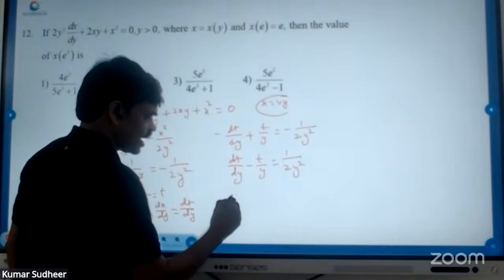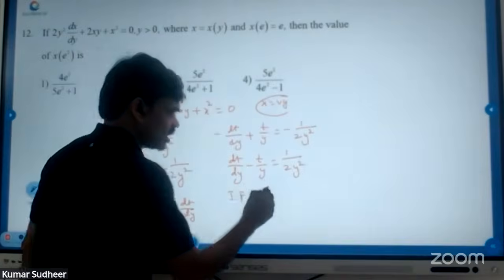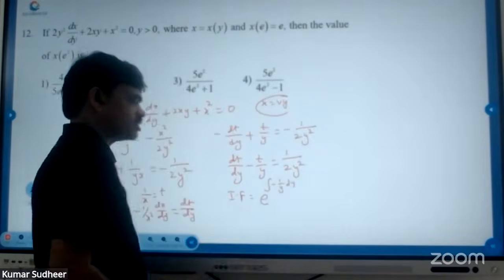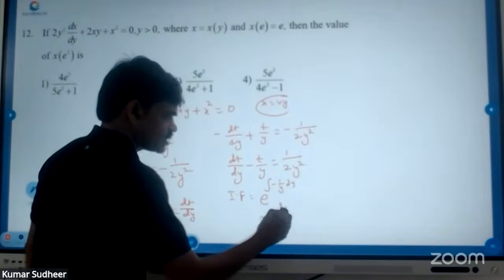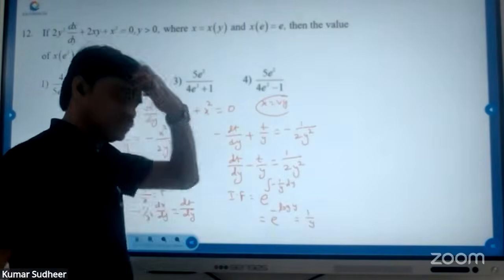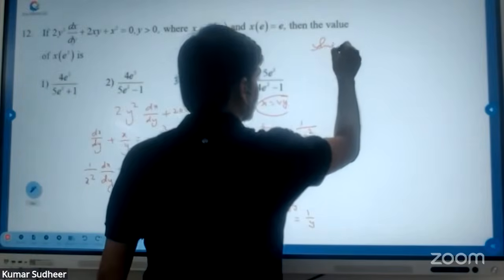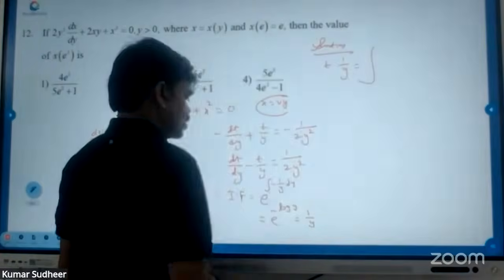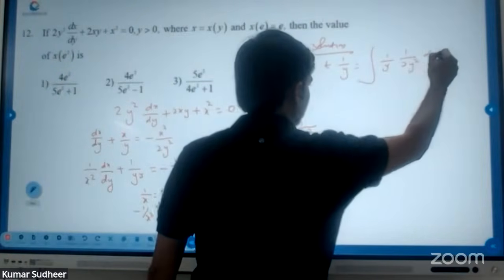I can write the integrating factor: e power integral of minus 1 by y, that is equal to e power minus log y, that is nothing but 1 by y. Integrating factor we got. Now the solution: what is the solution for this equation? T into 1 by y, integrating factor, integral of Q, 1 by y into 1 by 2y squared.